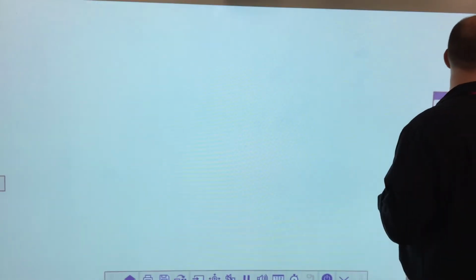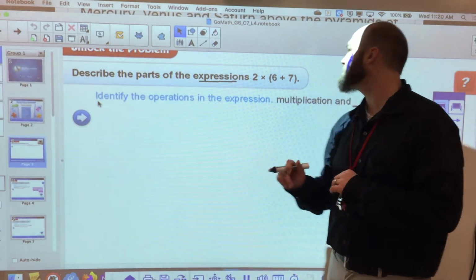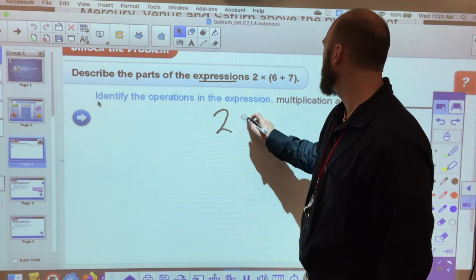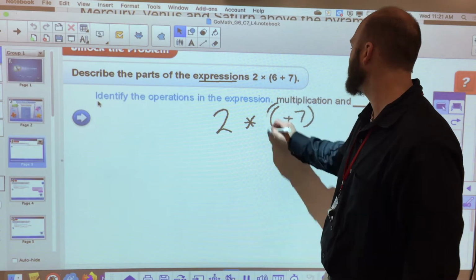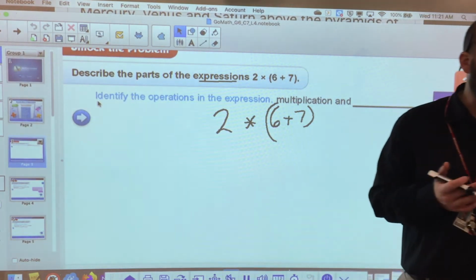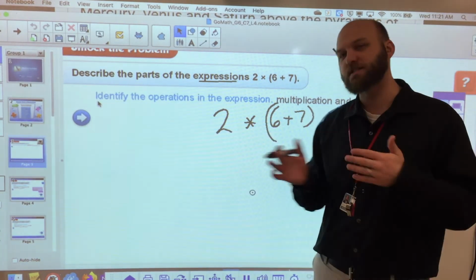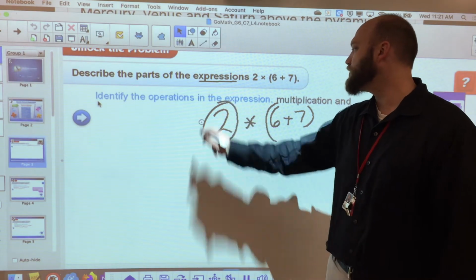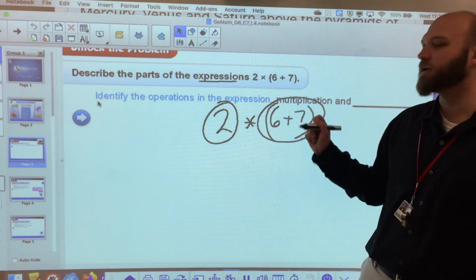So let's go back and take a look at our problems and understand what that would look like. Describe the parts of the expression: 2 multiplied by the sum of 6 and 7. So I've got 2 multiplied by the sum of 6 plus 7. We talked about addition and subtraction being the separating factors, but in this case, 2 could be part of my expression, and 6 and 7 could be part of my expression.